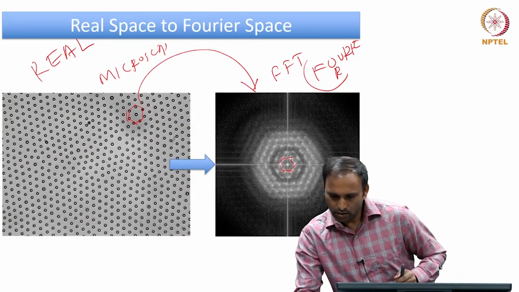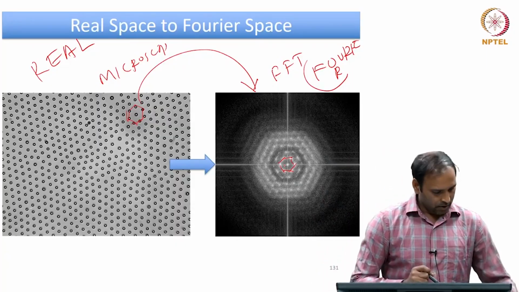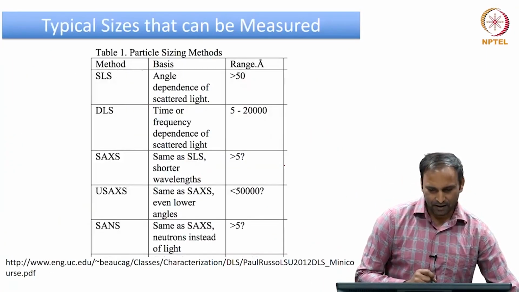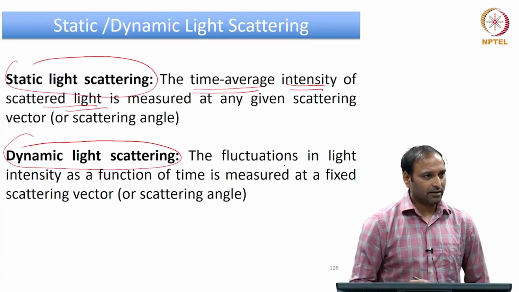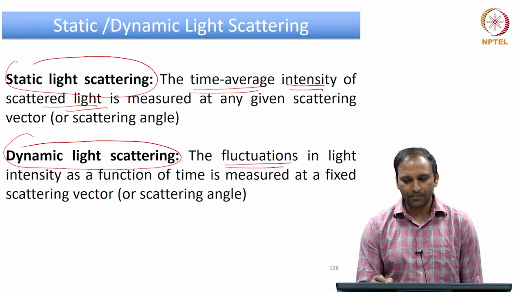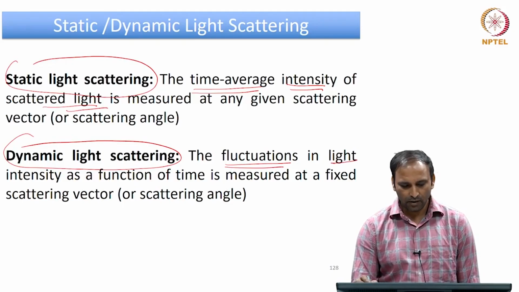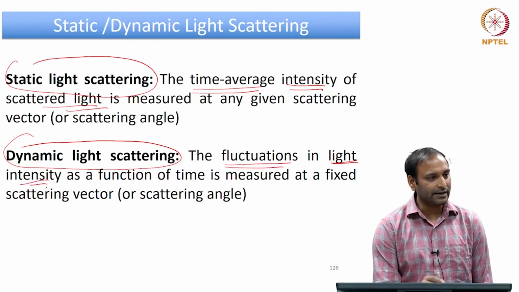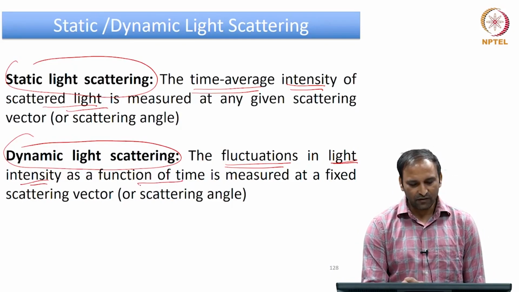Now, that's something about static light scattering. In dynamic light scattering, what you measure is the fluctuation in the light intensity as a function of time.